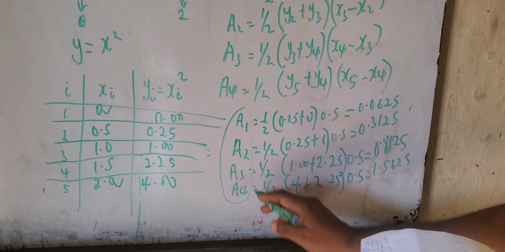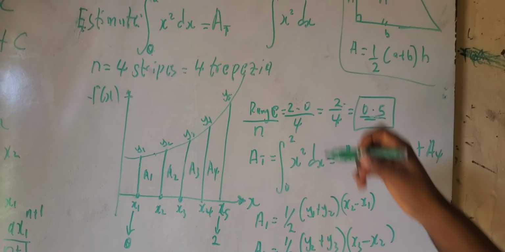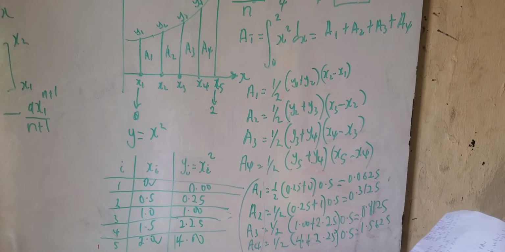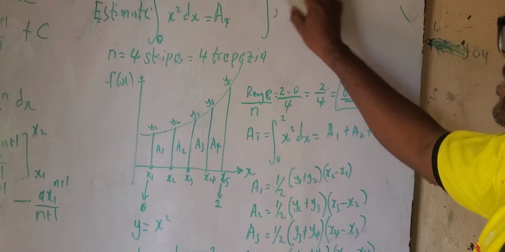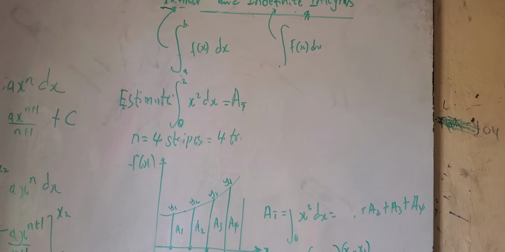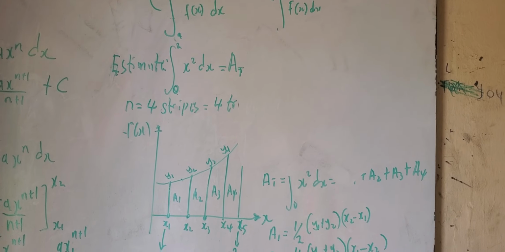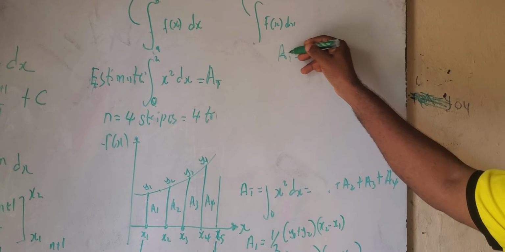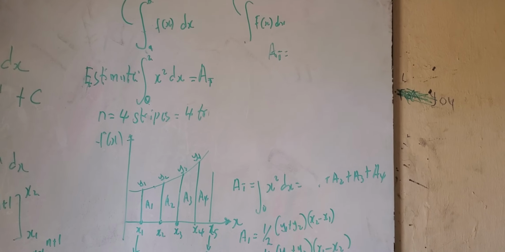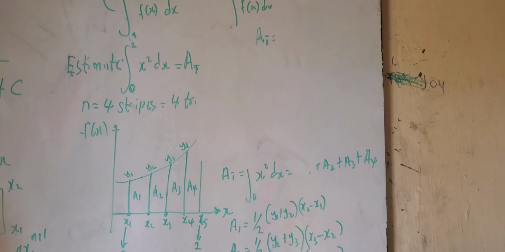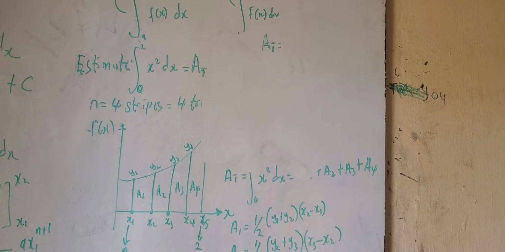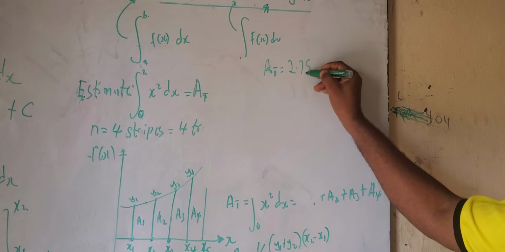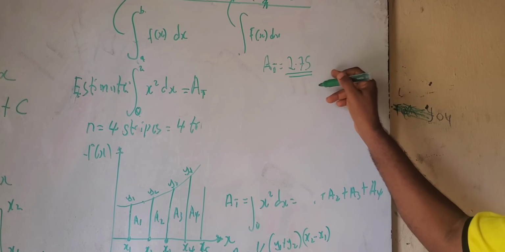So the total area will be the addition of all that I've obtained so far. The integral we are looking for is to add all these values, a1 plus a2 plus a3 plus a4. When I add them together, I have roughly 2.75. That's my final answer.